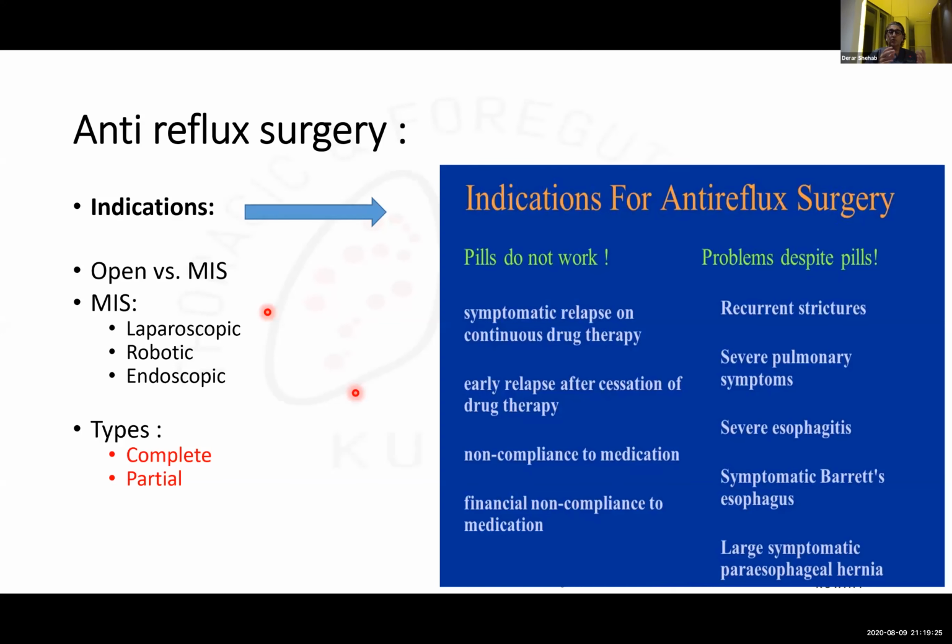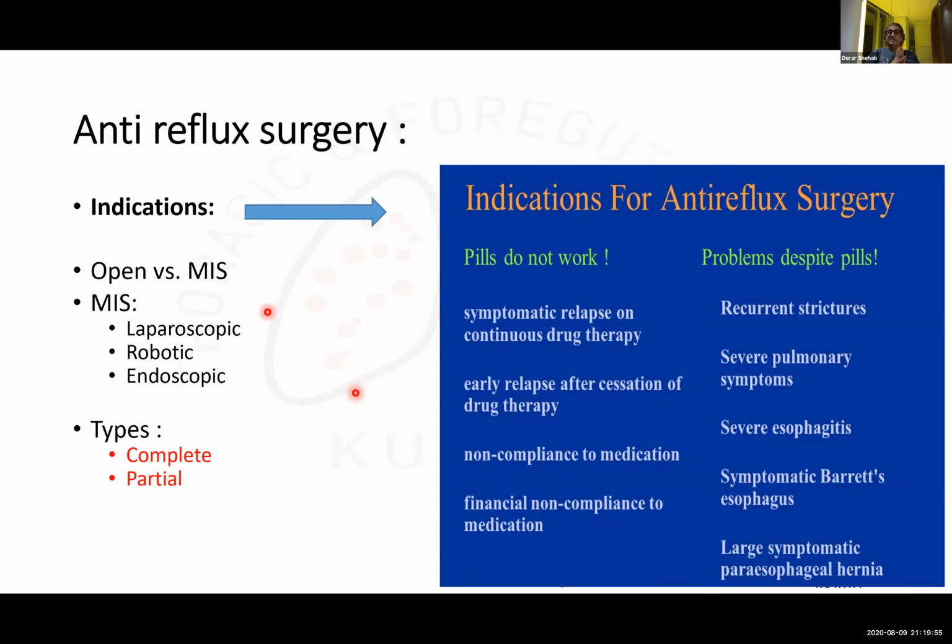Pills don't work means that symptoms relapse while on treatment, or relapse right after the treatment is stopped, or the patient is non-compliant with the medication. Problems despite pills simply means that the patient developed a complication, for example strictures, Barrett's esophagus, esophagitis, etc.